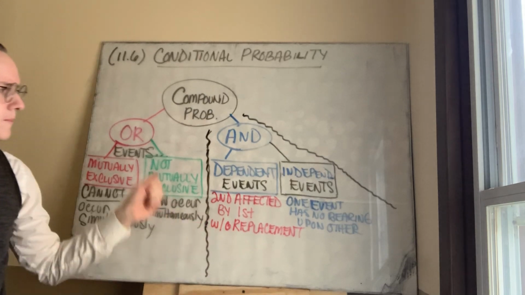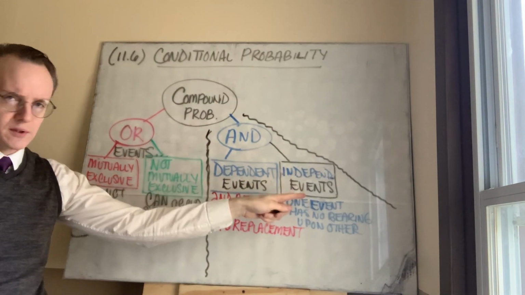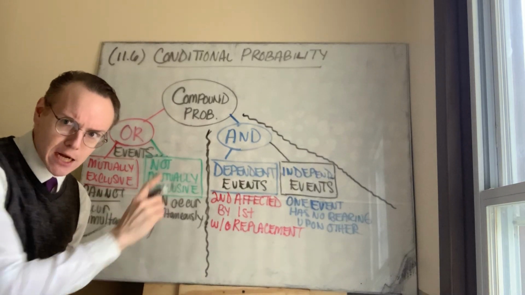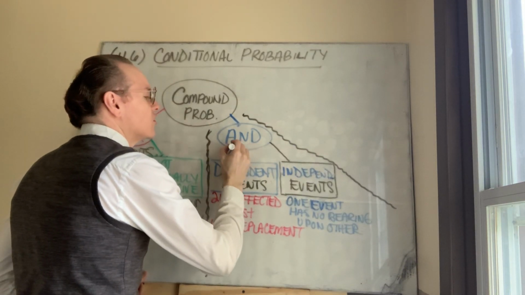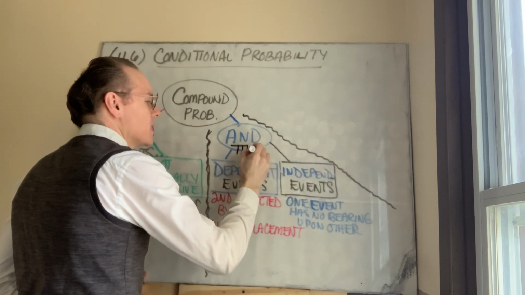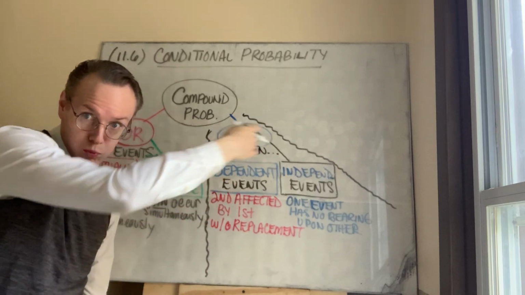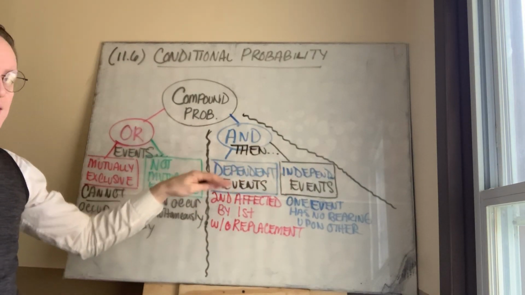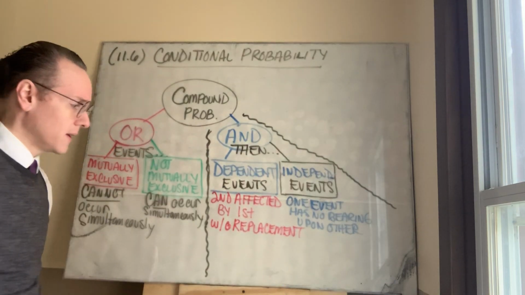When we're talking about and in this context of dependent or independent, I'm going to add one phrase to this. It's really when you see the phrase and then, that is a good indicator from this point forward that it's probably dependent or independent events, and therefore those formulas respectively.